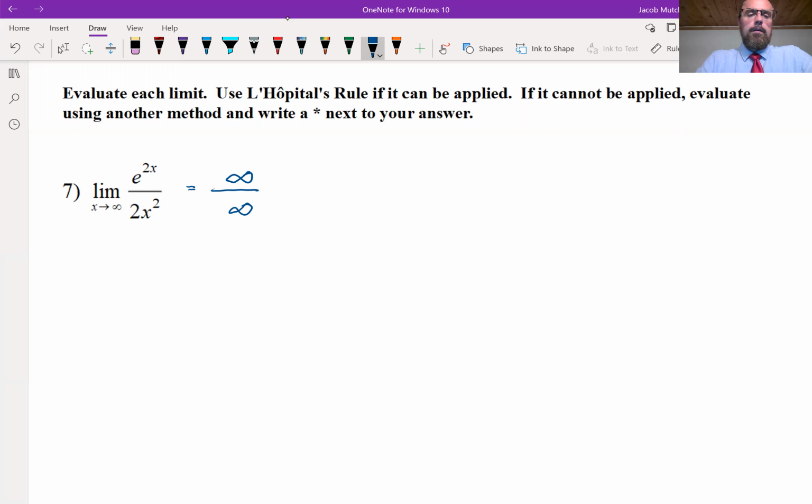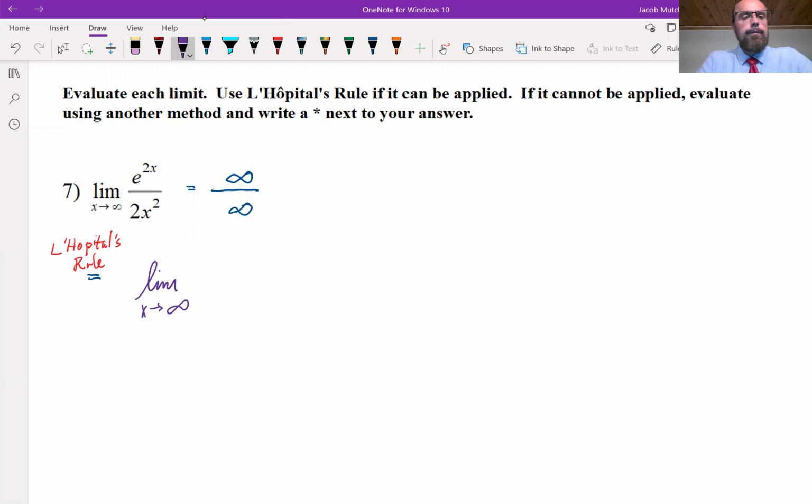So again, this limit is eligible for L'Hopital's rule. And we can immediately apply it. So we're just going to immediately write L'Hopital's rule over our equal sign. And we'll observe that that is equivalent to the limit as x approaches infinity.